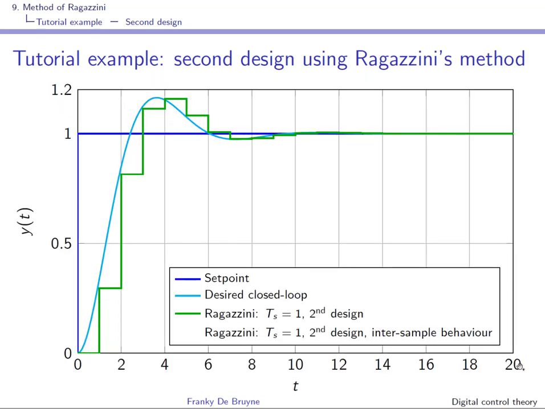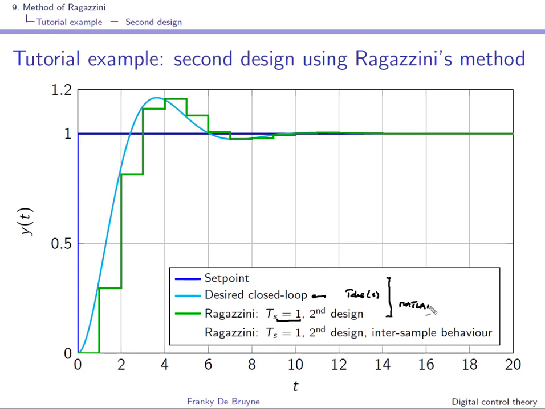Well, this is the output closed loop response. In blue the set point, in cyan the desired closed loop response but in continuous time, right? And here you have the closed loop response with this second Ragazzini design with Ts equal to 1. And this is what you can see again with Matlab.